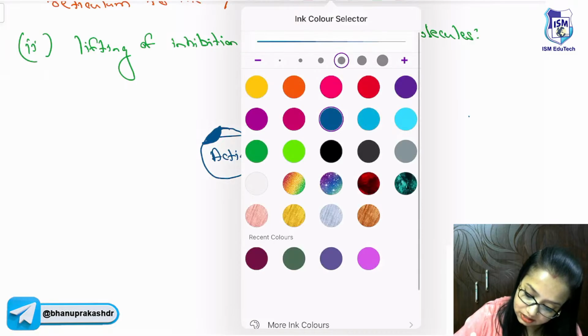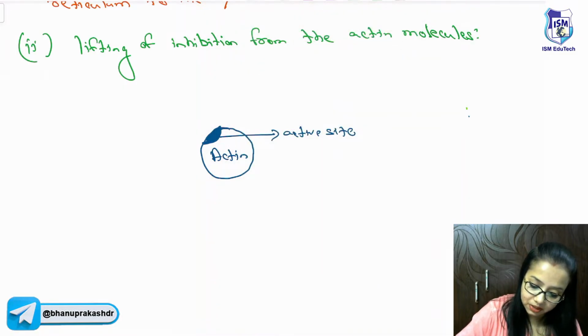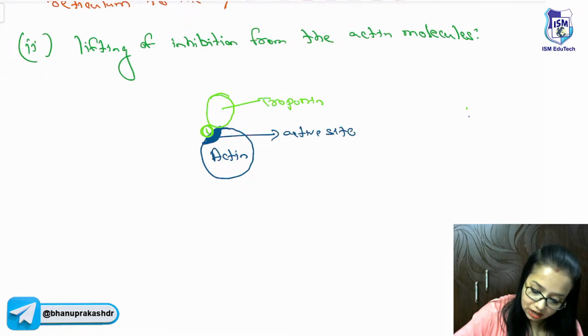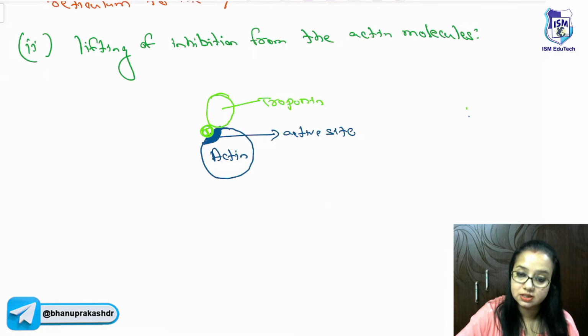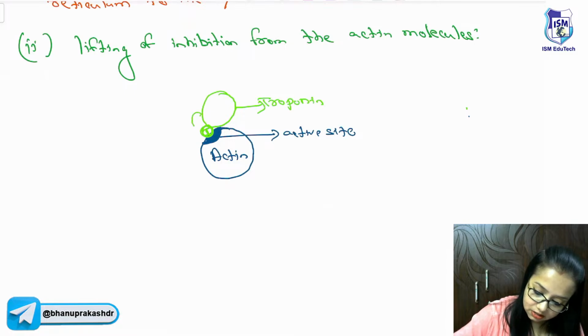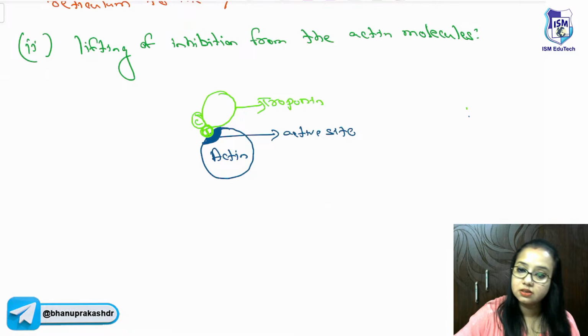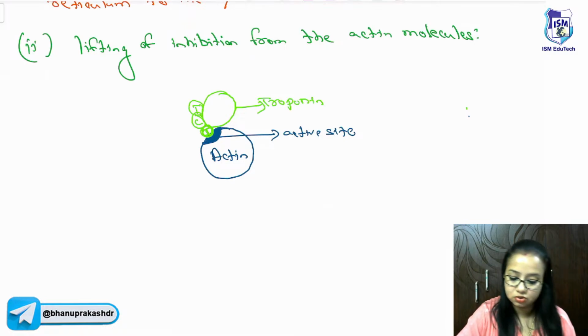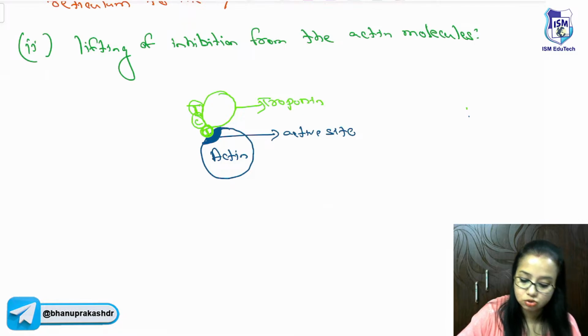Now this one is covered by the troponin molecule with its I inhibitory unit, and on top of that we have the C subunit of the troponin, and there is the T subunit of the troponin through which it is bound to the tropomyosin.